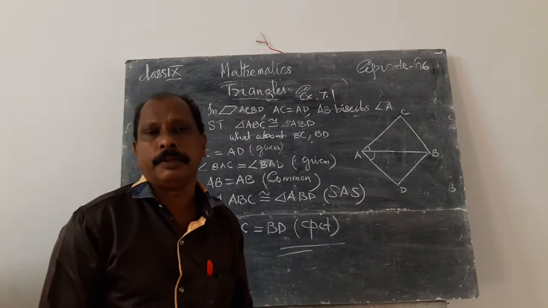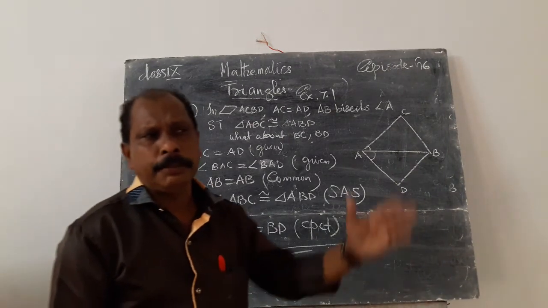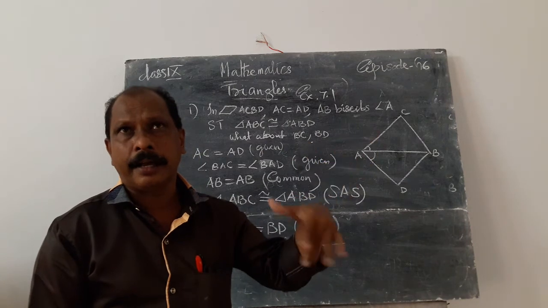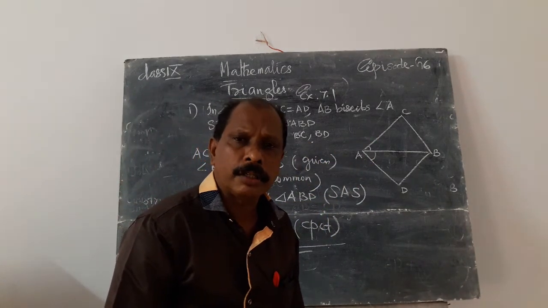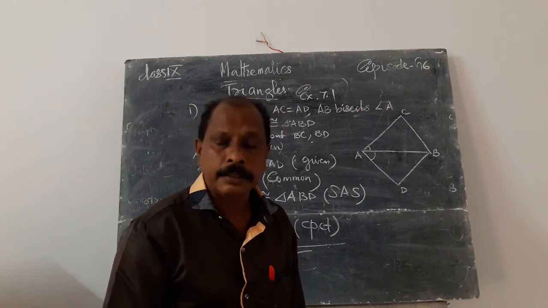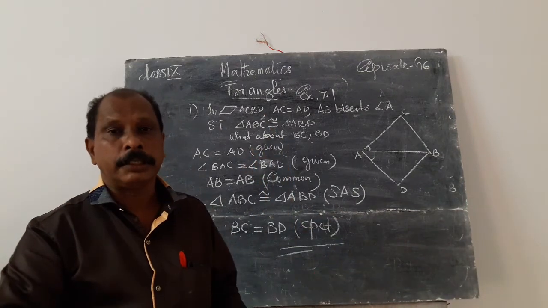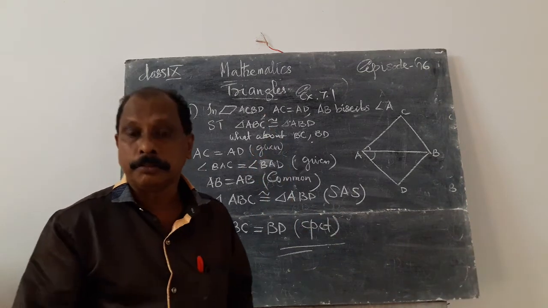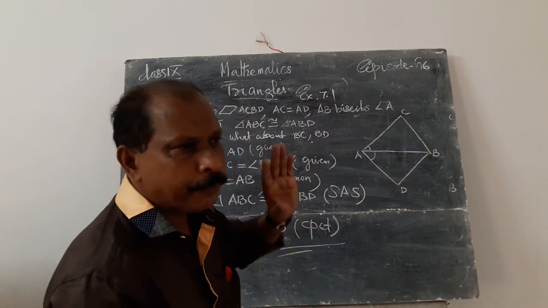We know AB is equal to AB, that is common. By SAS criteria, triangle ABC is congruent to triangle ABD. Therefore the corresponding parts are equal, that means BC is equal to BD, by CPCT. That is the answer to the first problem.